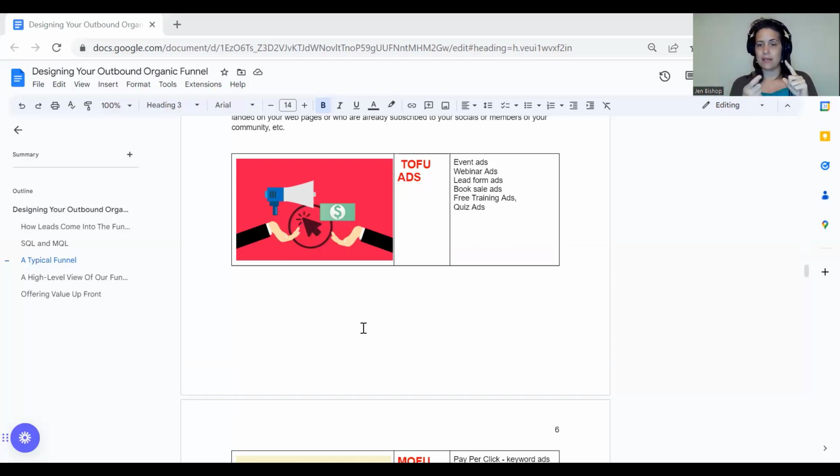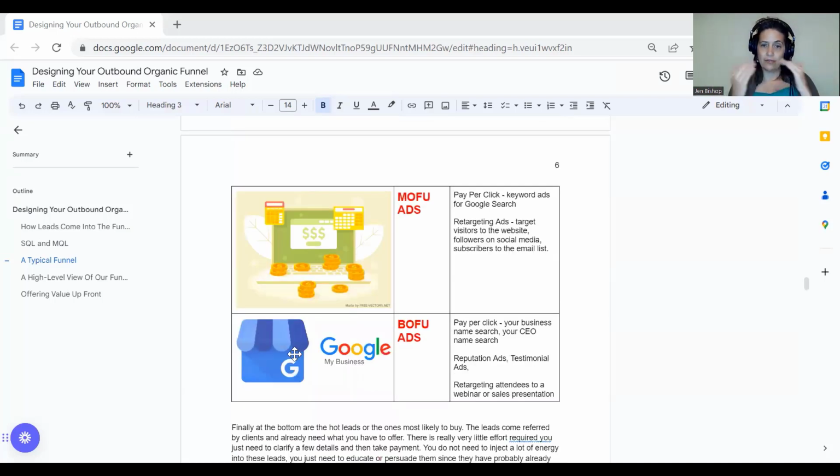So it might be an ad for an event, a webinar, maybe you're capturing data via lead form, maybe you're offering a book, like maybe a free book plus shipping offer, or a book that's free if they do something else. Could be just a free training or a VSL. Sometimes it's a quiz. So if we're broadcasting advertising to cold people, this is called TOFU advertising, top of the funnel advertising.